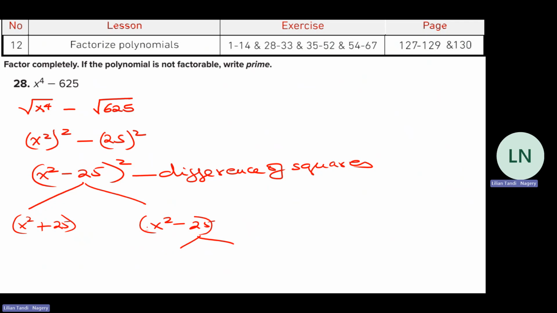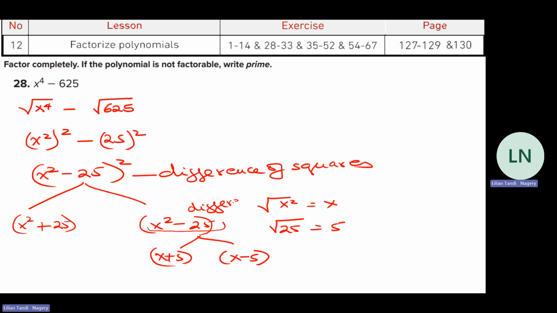These are still square numbers. So that's still a difference of squares. So this will be x plus 5 and x minus 5. Because the square root of x squared will give you x, and the square root of 25 will give you 5.